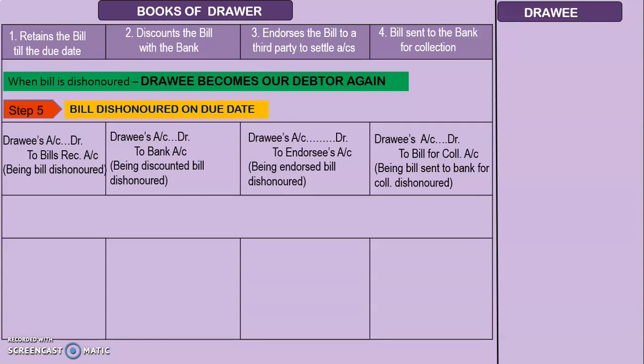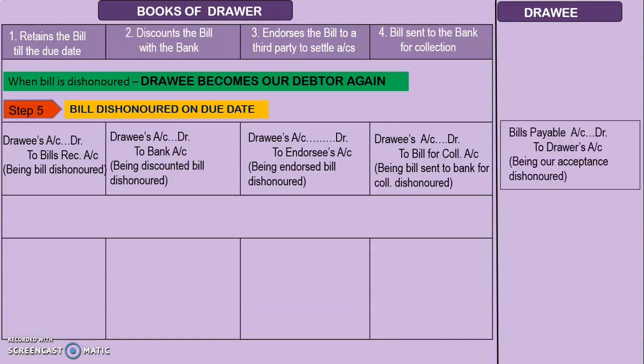But now when the drawee has failed to make the payment, the drawer has to pay. So the amount is now payable to the endorsee. Hence, we credit endorsee's account. In case of bill sent to bank for collection, we credit bill sent to bank for collection account.